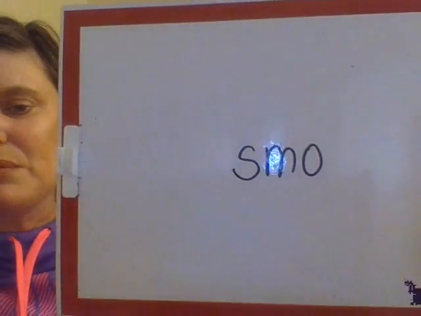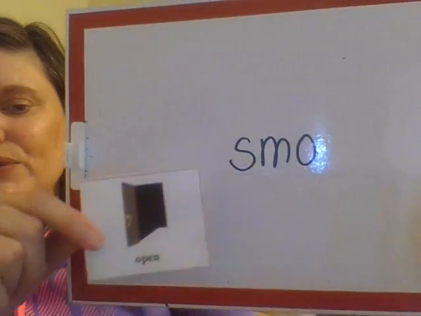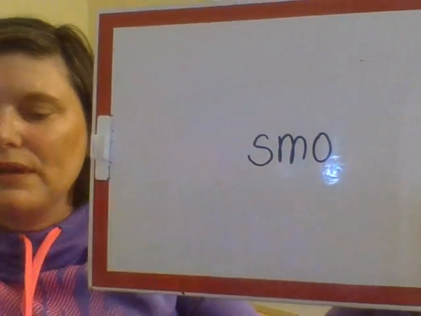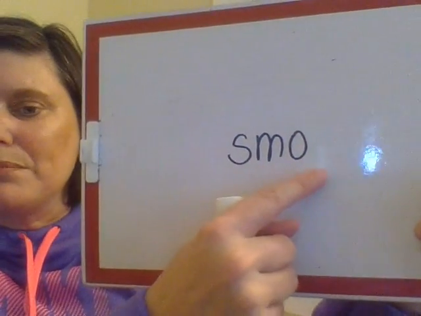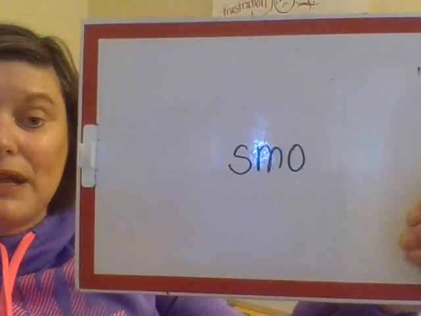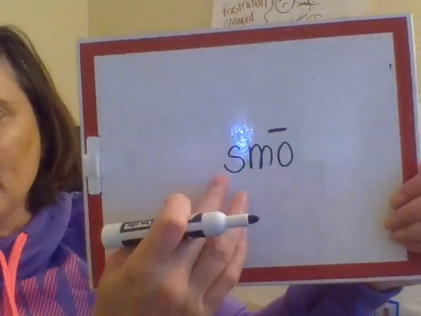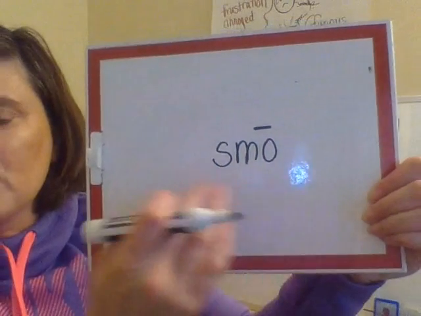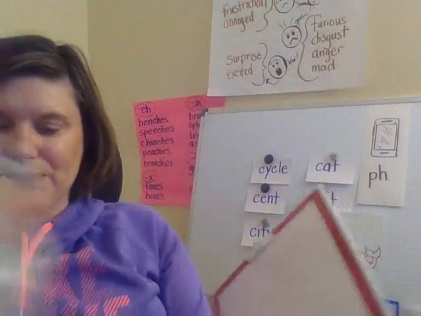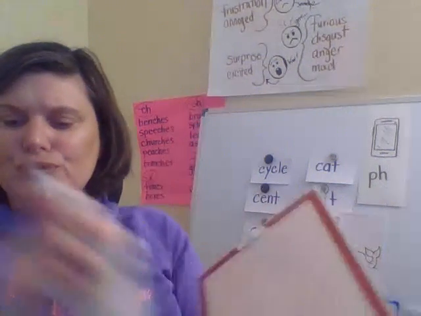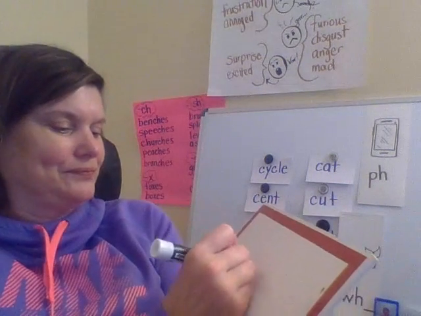And what type of syllable is that? That's right. It's an open syllable because there's not a consonant blocking the vowel, so it can make a long O sound, which can be represented like this. Here we go. Smo, smo. Perfect.